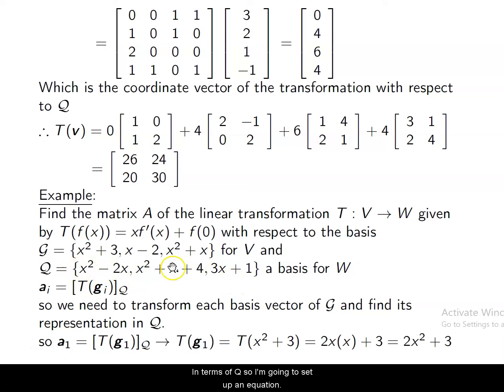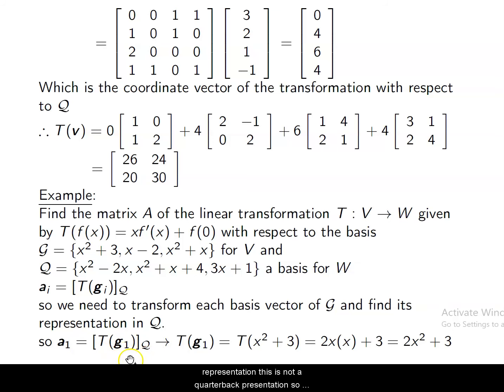So I'm going to set up an equation, right? This needs to be a linear combination. The scalars for that linear combination will create my T of G1 in terms of Q. Remember, this has brackets around it with the basis that I want. So this needs to be a Euclidean vector.